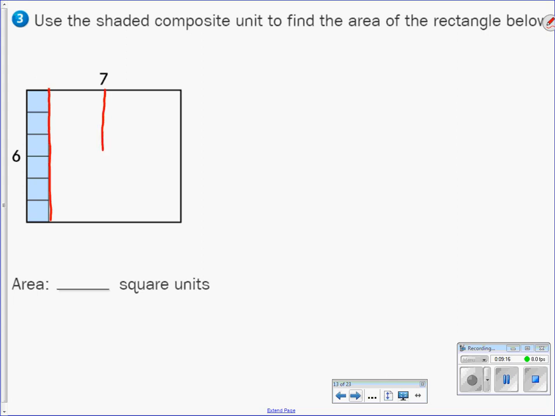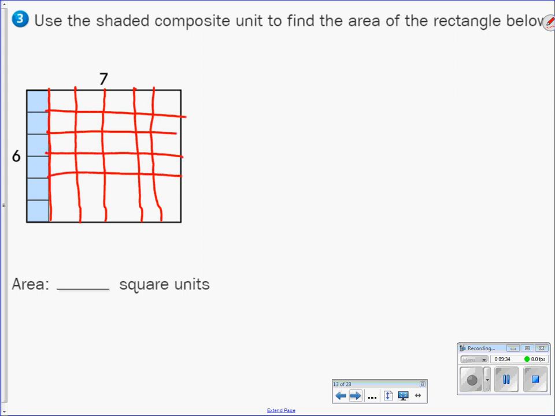Okay, so I didn't get those real even there. Not good. Try to make them as even as you can. Okay. So now I have 6 rows here, which was my composite unit, and 7 in each row, and that would be 6 times 7, which equals 42 square units.